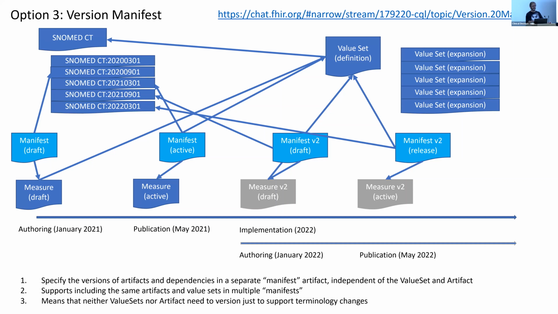And I pin those in a manifest, and that's independent of the value set definition and the artifact definition. So I'm not having to version those and maintain that. Then as I release, I choose whether or not I want to take new versions of SNOMED that have been published. And then I publish that set of artifacts with that manifest.